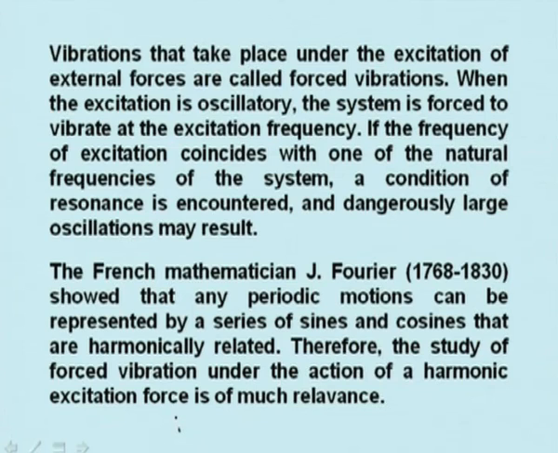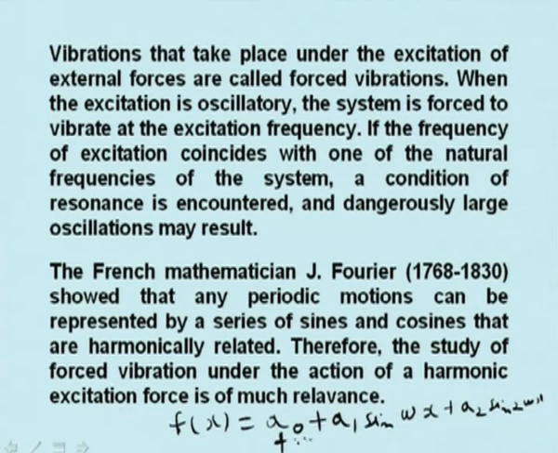That means that if you have a periodic function f(x), it can be represented by a0 plus a1 sine omega x plus a2 sine 2 omega x, like that up to infinite terms. Then you have b1 cos omega x plus b2 cos 2 omega x, like that. So cosine and sine terms are there.